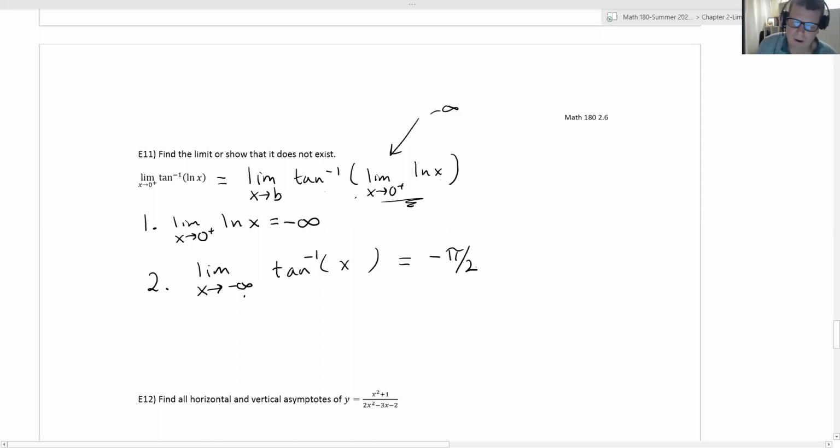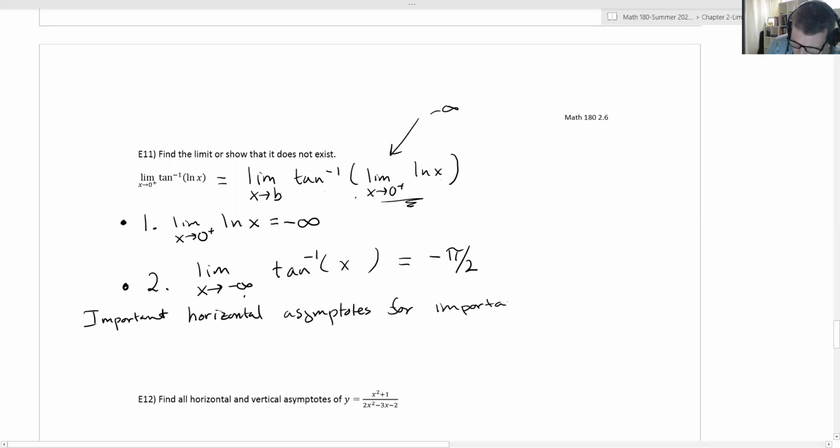Now, important, so that you remember some of them: those inverse tangent ones are really necessary. Horizontal asymptotes for important functions, like, for example, inverse trig functions have horizontal asymptotes.